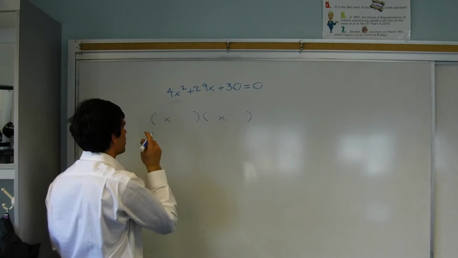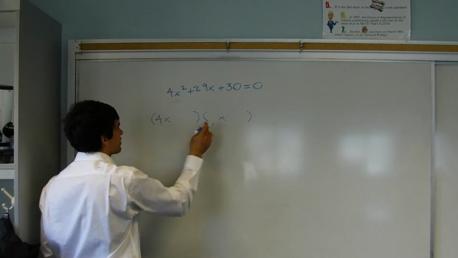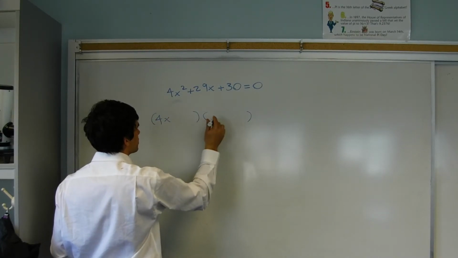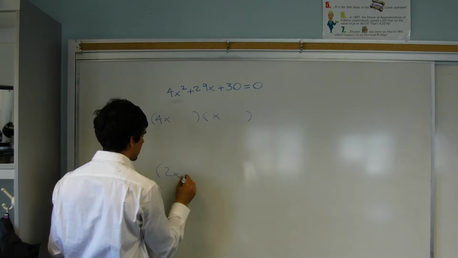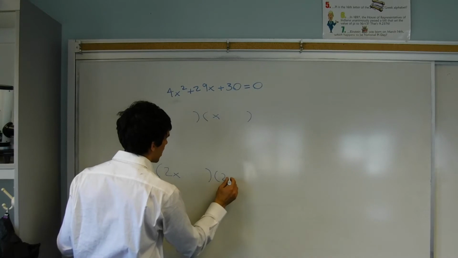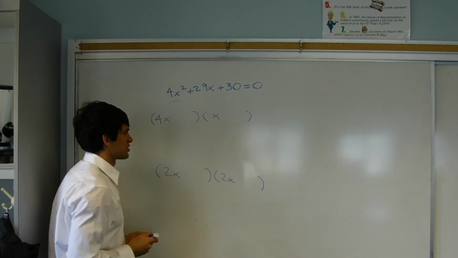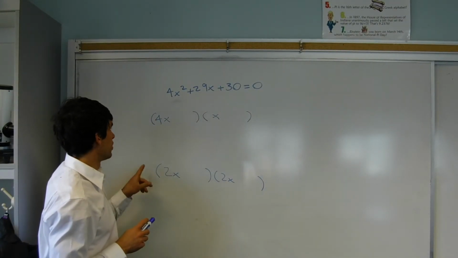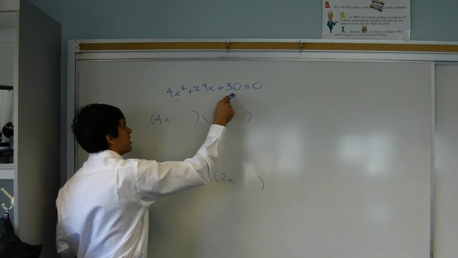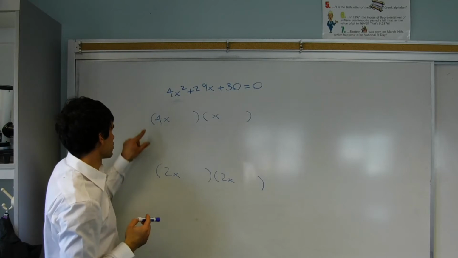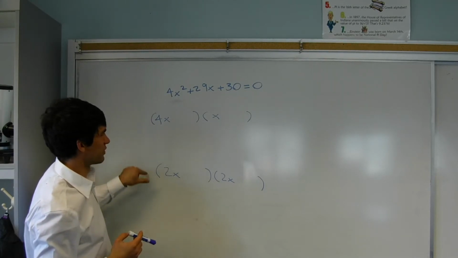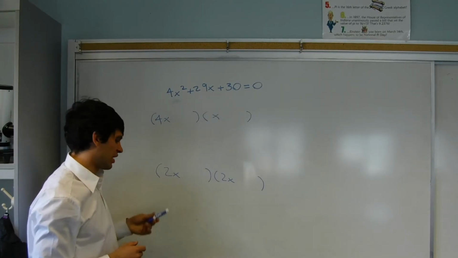So our options are we could have either 4x and 1x, or we could potentially have 2x times 2x. This is looking really grim, because in addition to having combinations that multiply to positive 30, we also have to try them out in both of these orientations.